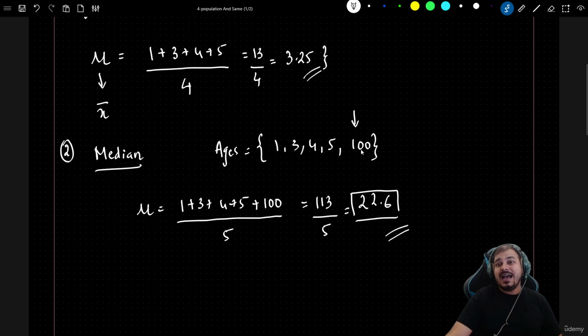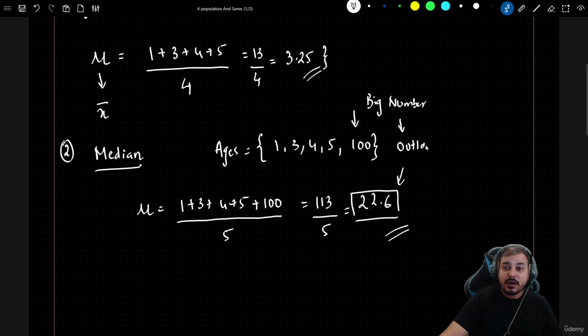But as soon as this big number was added, I'm now getting a mean of 22.6. This is obviously misleading, because initially I was getting a small mean, and now I'm getting a very big mean. So the mean value changes by a lot because I have a specific outlier.